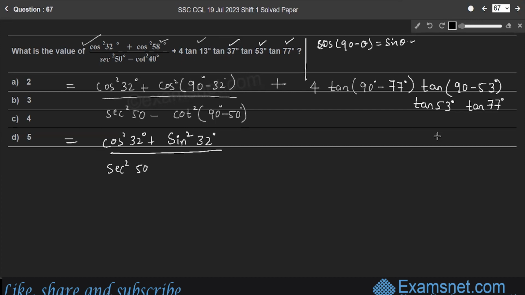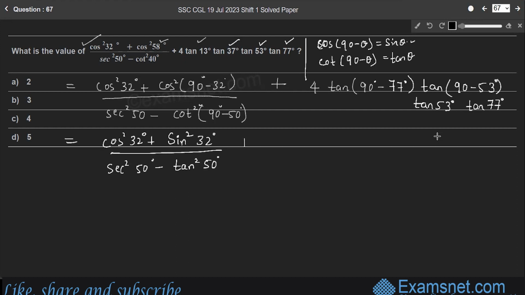So cot of 90 minus theta is always tan theta, right? Apply the same rule. Here it is cot square 90 minus theta, therefore it is tan square theta. So minus tan square theta is 50 degree.